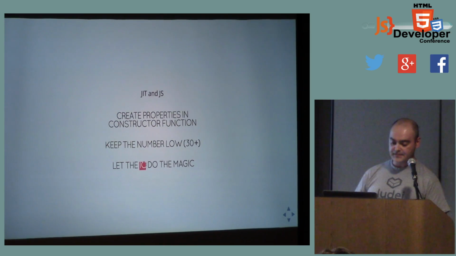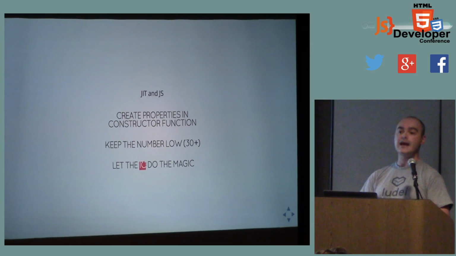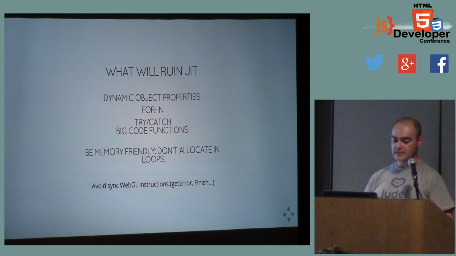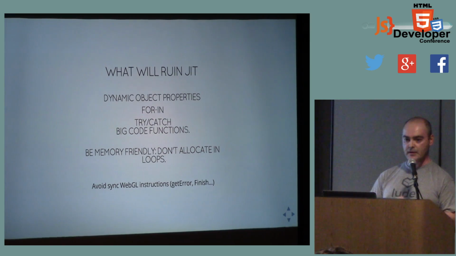And then this is another thing, which is inline caching. If you keep your functions small, the system will inline them pretty much like in C++. Things that you shouldn't do in your code, at least in performance-sensitive parts of the code, like loops or other important parts: don't use for-in, because that will bail out the function, it won't even be JITed.